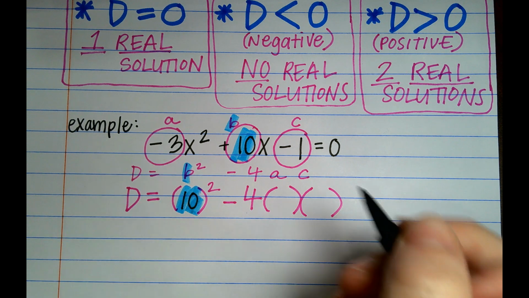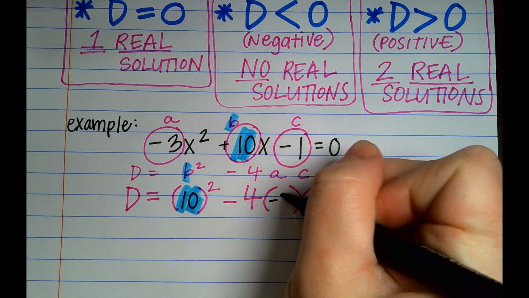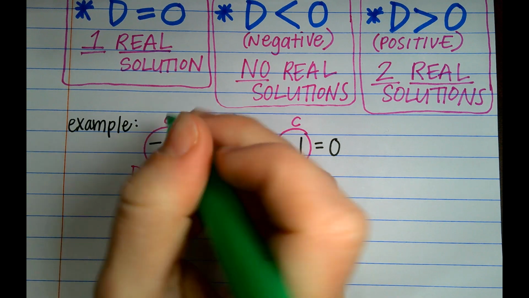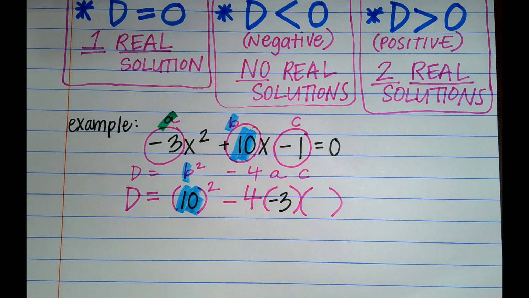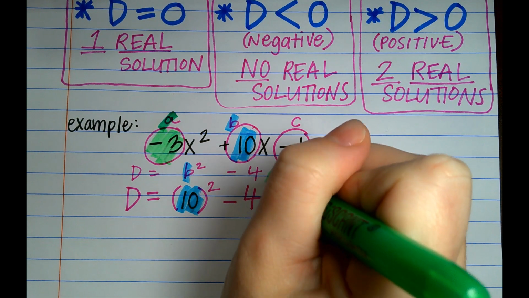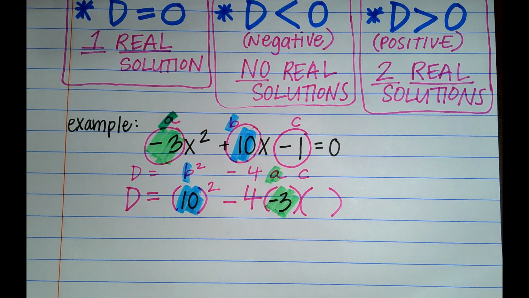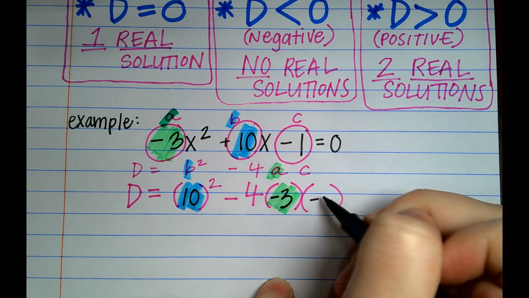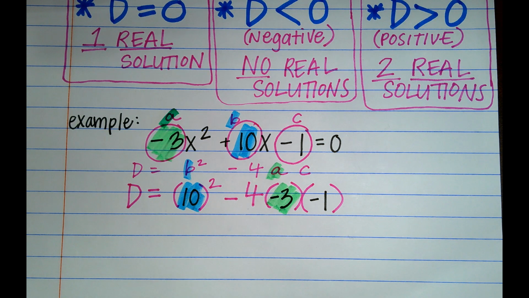Good, -3, that's our A. Perfect. And I'm just going to stick some colors on here to help us see it. All right, so there's my A. What goes in the last blank? -1, my C value. There we go.